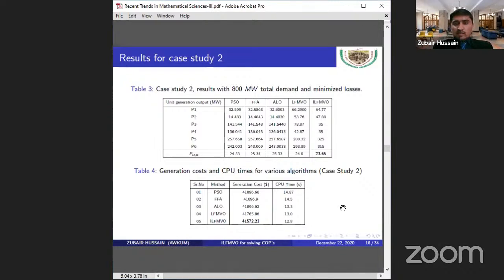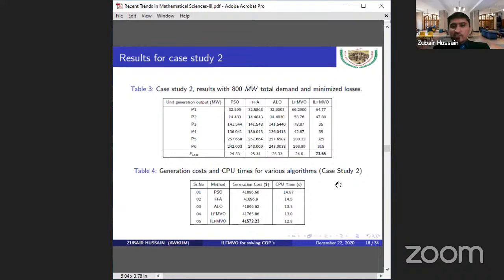Table 3 presents the solutions of our proposed algorithm and compares our solution with the rest of the techniques, that is particle swarm optimization, Firefly algorithm, Ant-lion optimizer, and Levy-flight-based multiverse optimizers. It shows that our proposed algorithm provides good solutions with minimum loss, that is 23.65, as compared to the state-of-the-art algorithms.